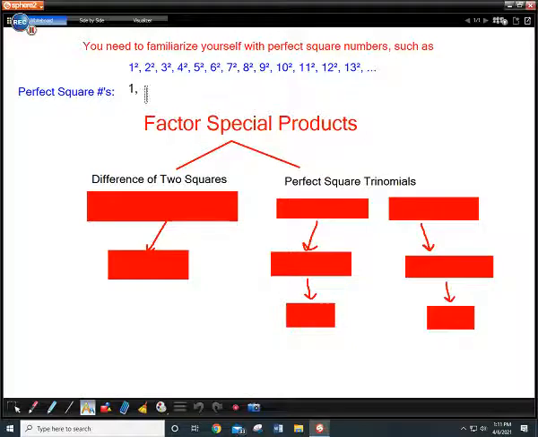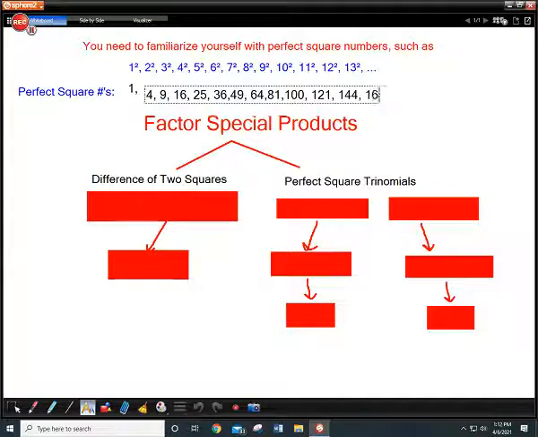What's 3 squared? 3 times 3 is 9. 4 squared is 16. 5 squared, 5 times 5 is 25. 6 squared is 36. 7 squared is 49. 8 squared is 64. 9 squared is 81. 10 squared is 100. 11 squared is 121. 12 squared is 144. 13 squared is 169, and it keeps going on.